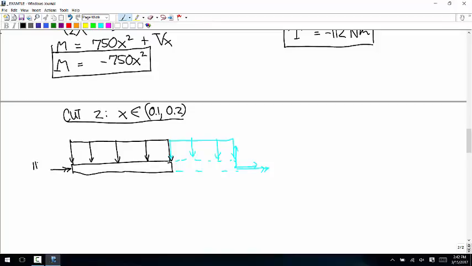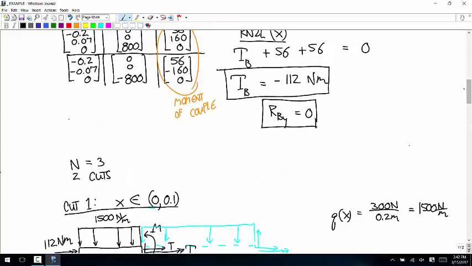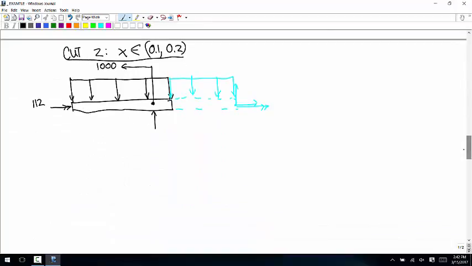There's the torque of 112. There is the 1,000 Newton force. And there's the reaction at the roller, which we calculated before, 300 newtons. And then the internal loads.